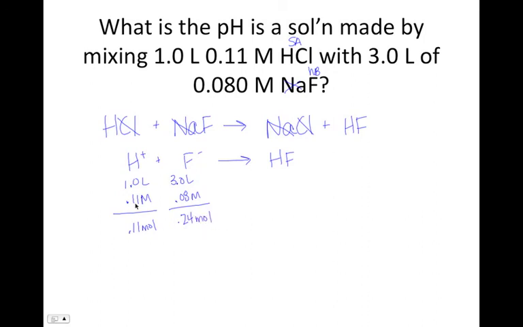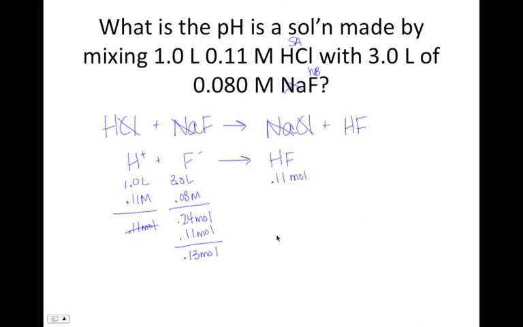So who's the limiting reactant? The hydrochloric acid is your limiting reactant. So all of this is going to get used up. So this is gone. 0.11 moles of the fluoride ion will be used up, leaving us with 0.13 moles left over, and that means we're going to produce 0.11 moles of the hydrogen fluoride, or hydrofluoric acid in this case, since we're aqueous.